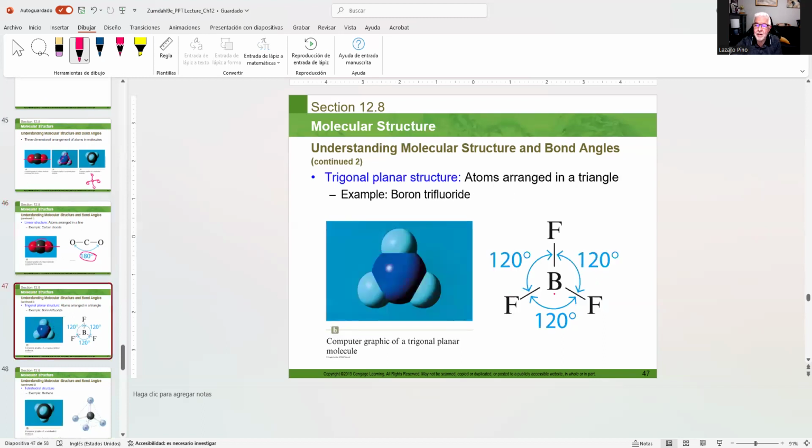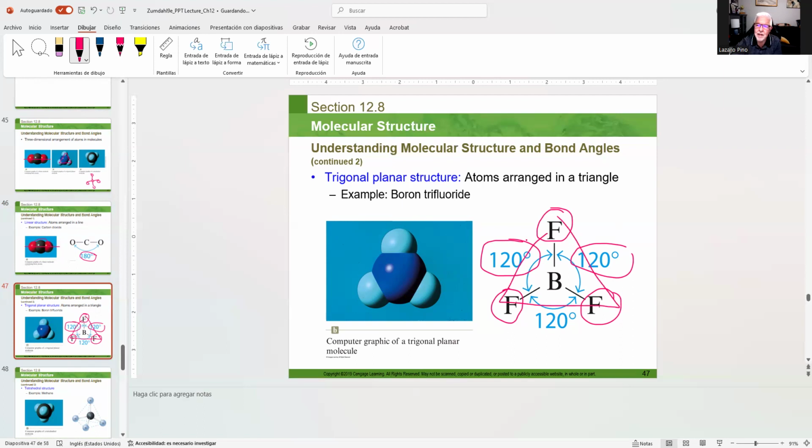Same way here. In order to get the lowest repulsion between the electrons of the fluorine atoms, the angle is 120 degrees. That's why this structure is trigonal, like a triangle, and they are in the same plane.